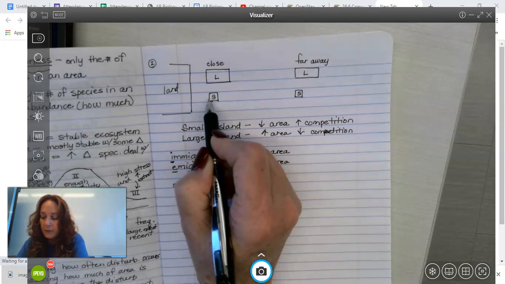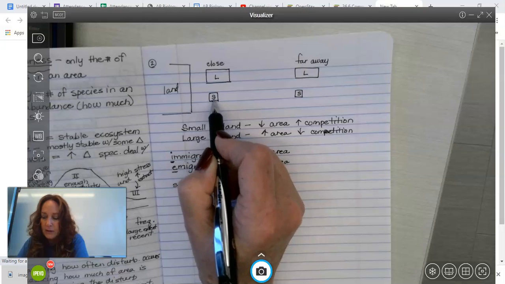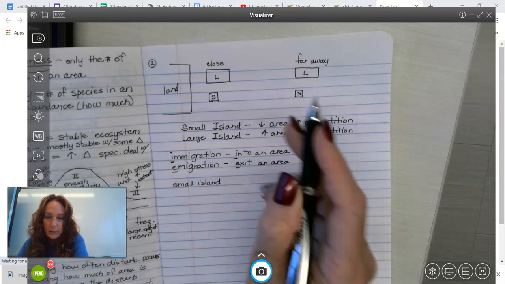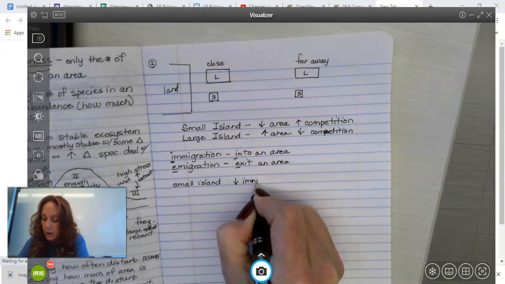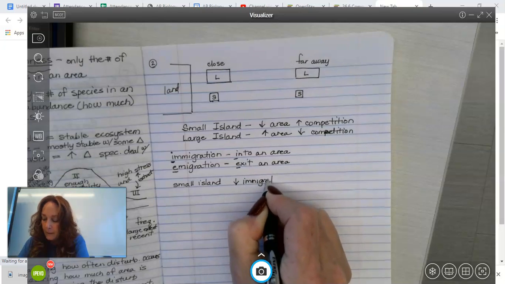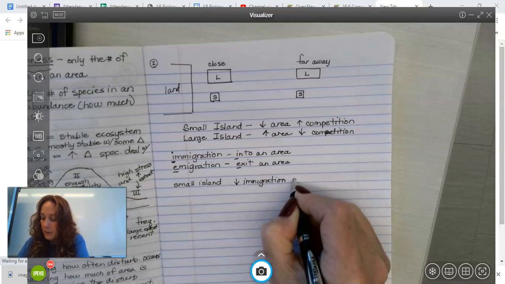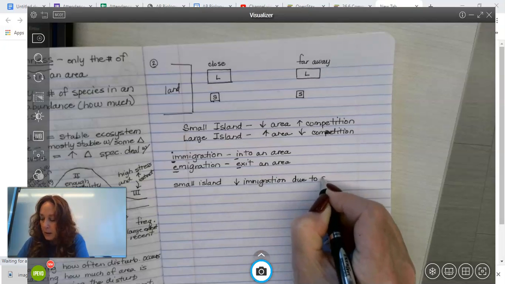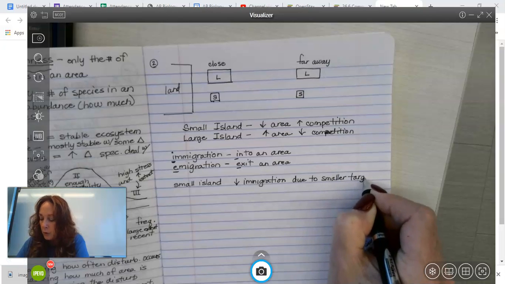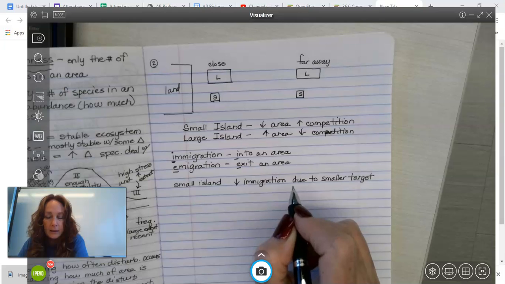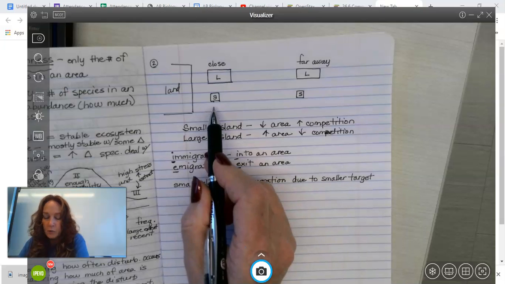Not because of how far it is, we're not talking about that, but just that you have a smaller landing spot. The reason is because it's a smaller target. So if you're a bird and you're being blown onto an island, you're going to have a smaller spot to land on.